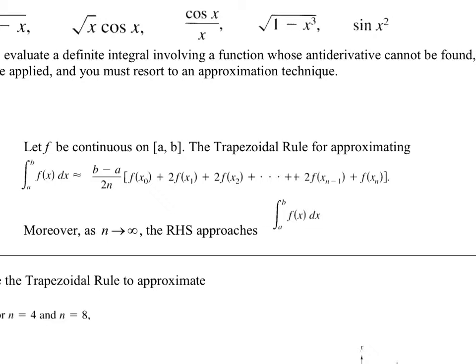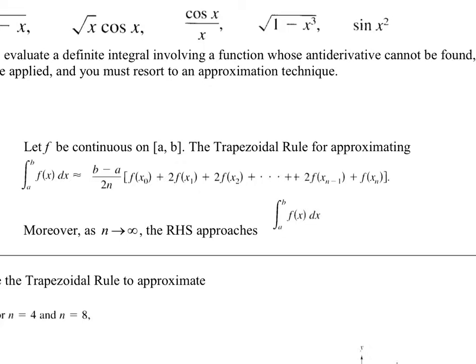So we have here the integral from a to b is going to be approximately (b minus a) over 2n times [f of x sub 0 plus 2 times f of x sub 1 plus 2 times f of x sub 2 plus all the way to 2 times f of x sub n minus 1 plus f of x sub n].